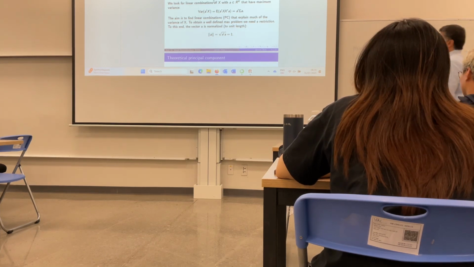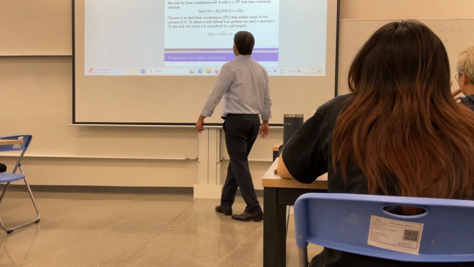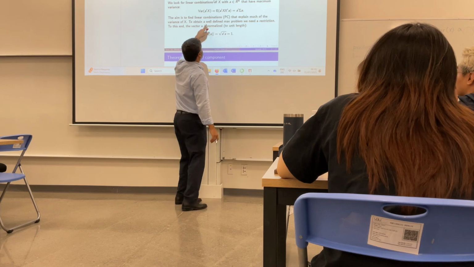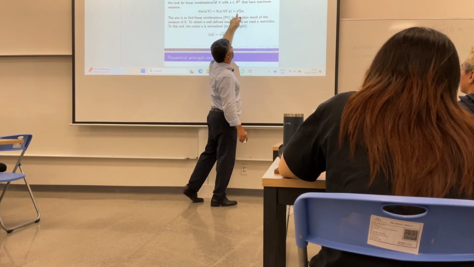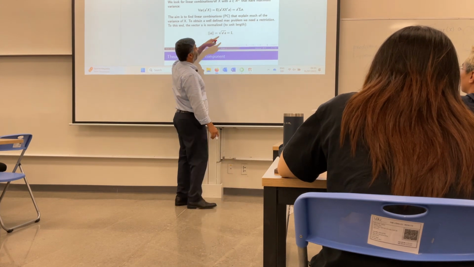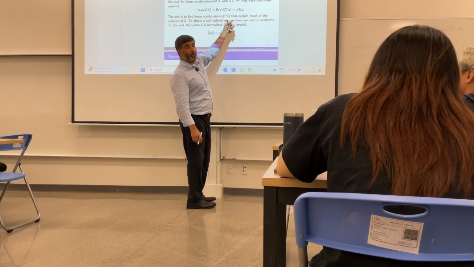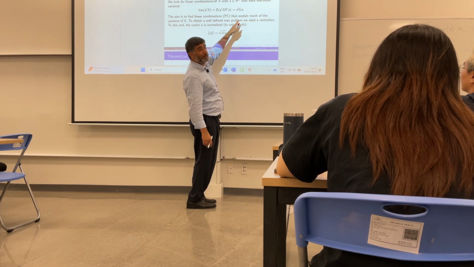Now we want to find these a's in such a way that this variance is maximized, as big as possible. Of course, we could choose a to be close to infinity, but we normalize these a's.